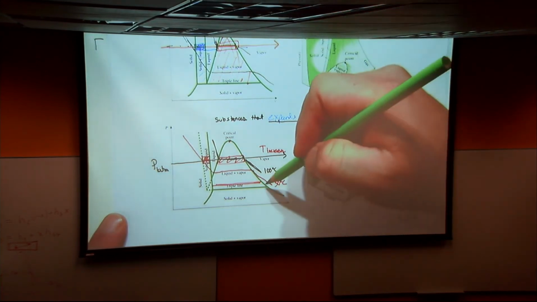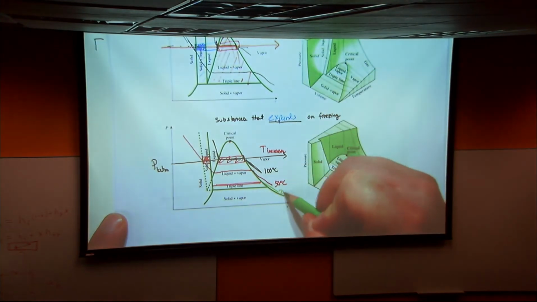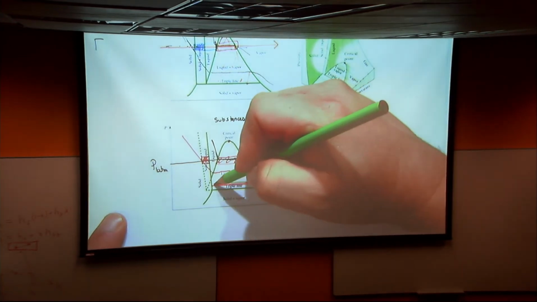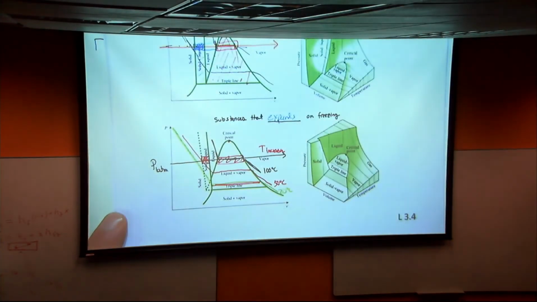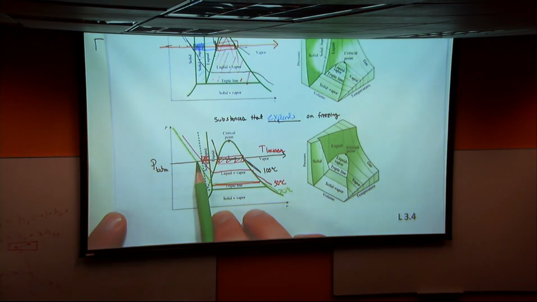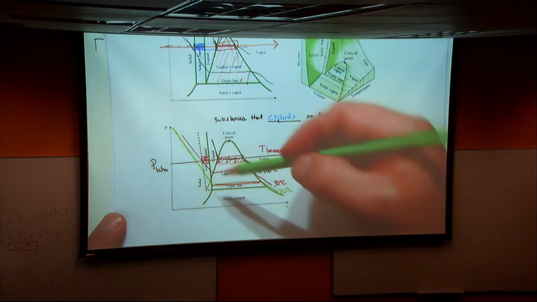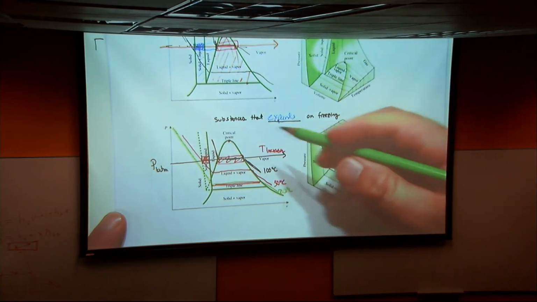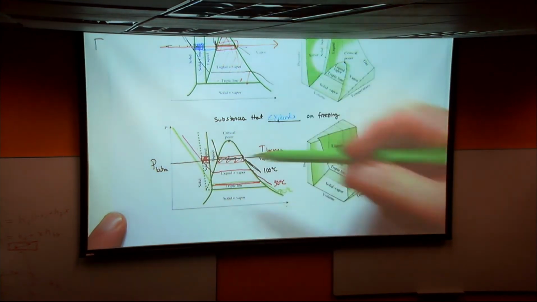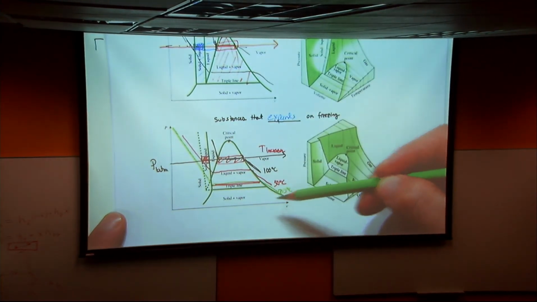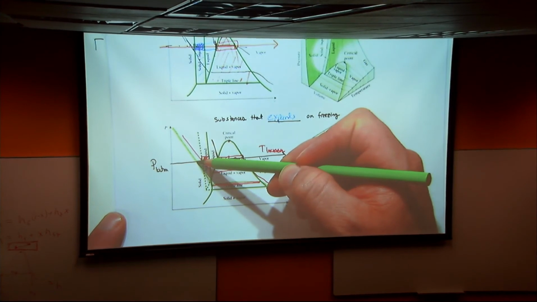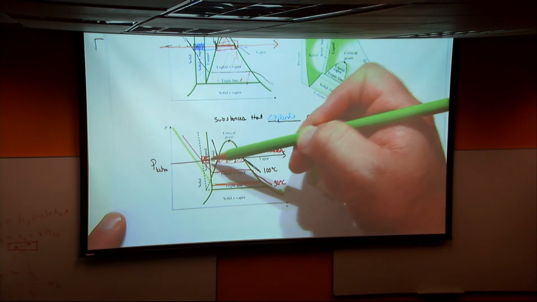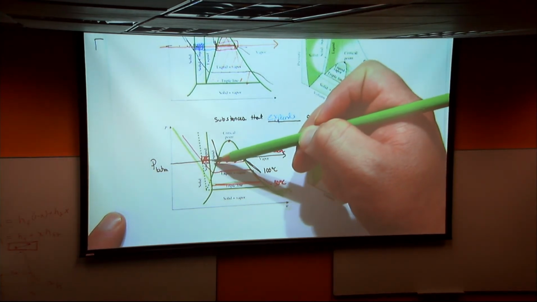I could have another line here that represents 20 degrees C. Okay? So at 1 atmosphere, I shouldn't put 20 degrees C. I should put minus 20, so I stay solid. So we'll say minus 20 degrees C, and at minus 20 degrees C, I'm solid phase. And then at 50 degrees C, I'm liquid phase.